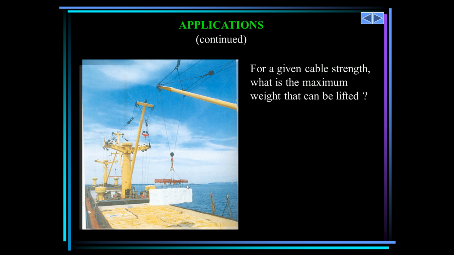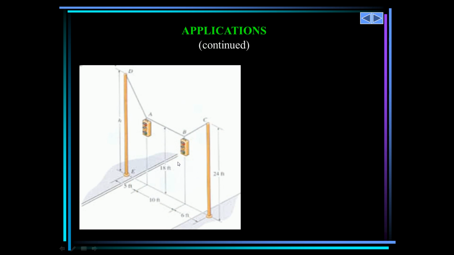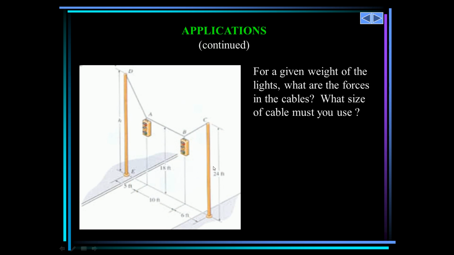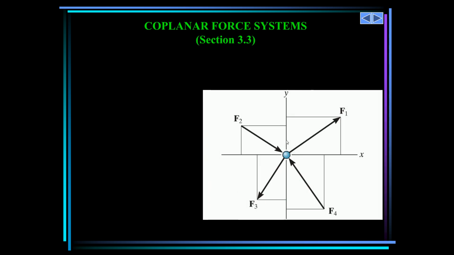That is another example here, and the traffic light is also an example. Given the weight of the light, what are the forces in the cable and what size of cable must you use? So that is the design for the diameter of the cable.